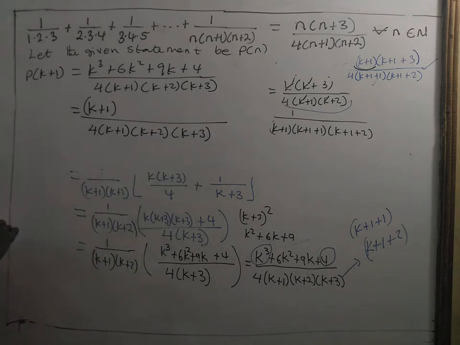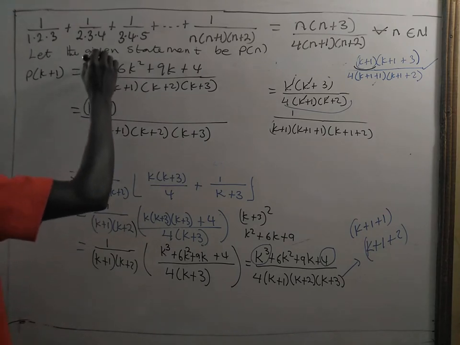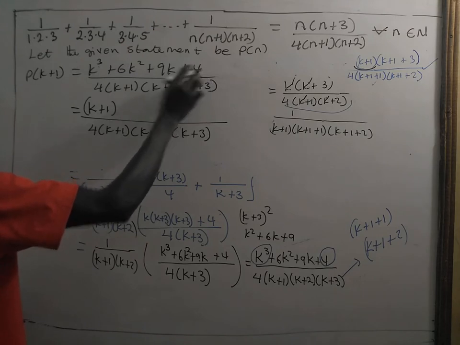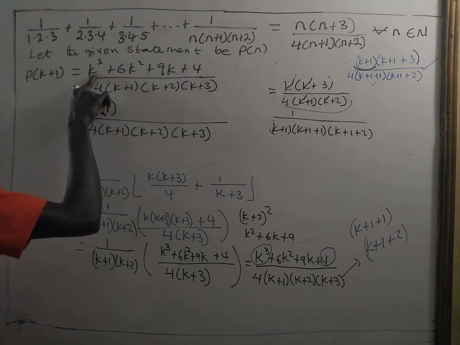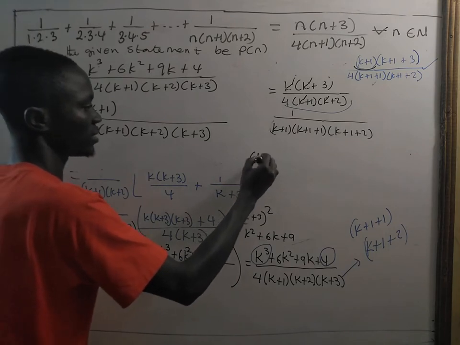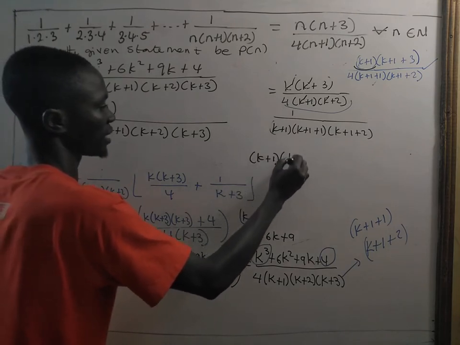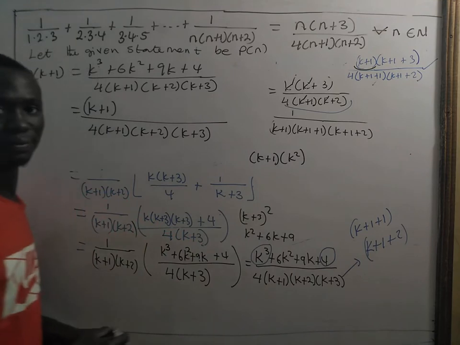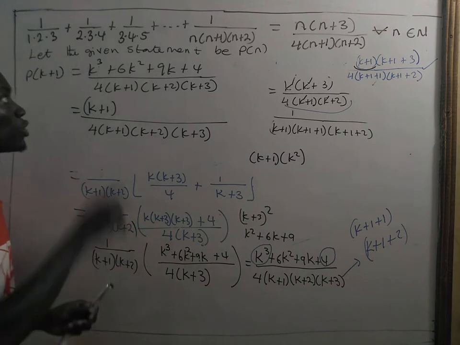Now if we put k plus 1 at the top, what happens? Concentrate on this k cube and the constant term, because here if I multiply this, look at this, k plus 1 by k squared. So concentrate on this.